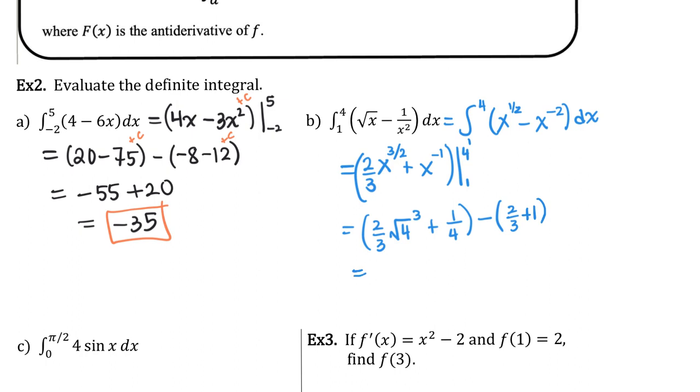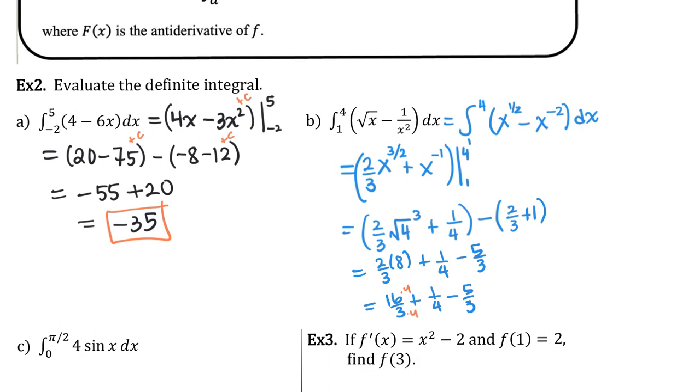Okay, what is this? This is 2/3 times the square root of 4, which is 2. 2 cubed is 8. Minus 2/3 minus 1. What is 2/3 plus 1? 5/3. Minus 5/3. 16/3 plus 1/4 minus 5/3. What am I going to do with this?